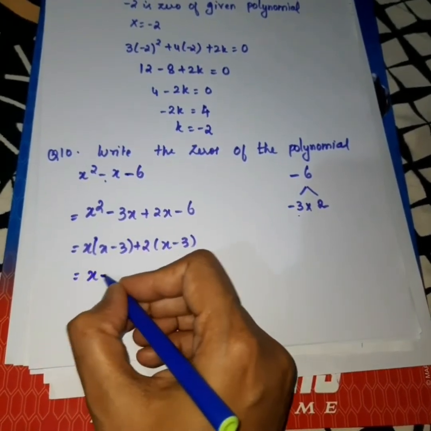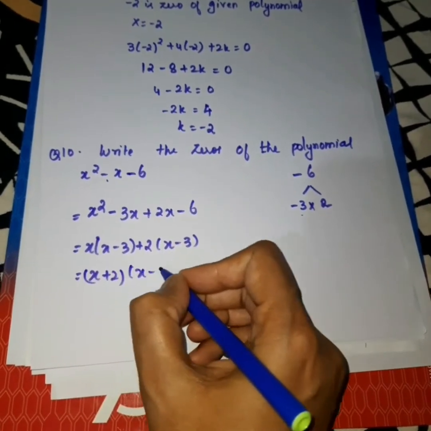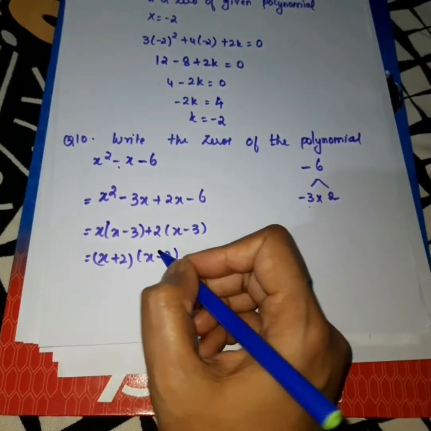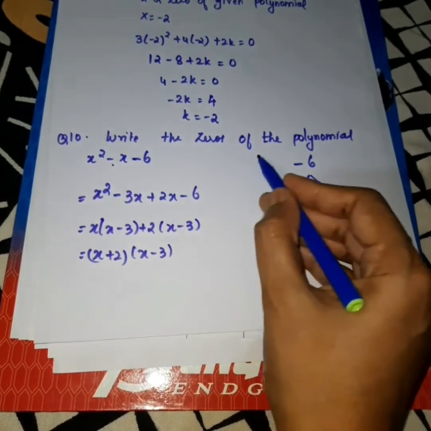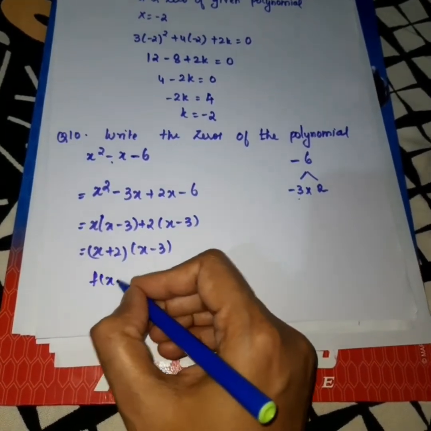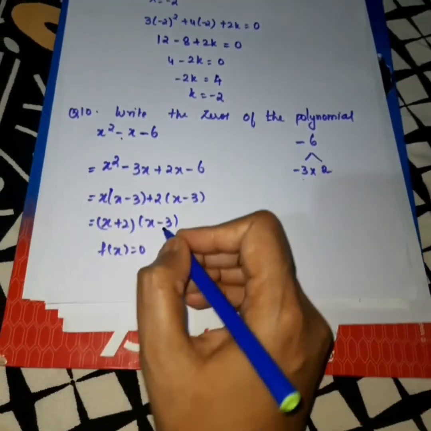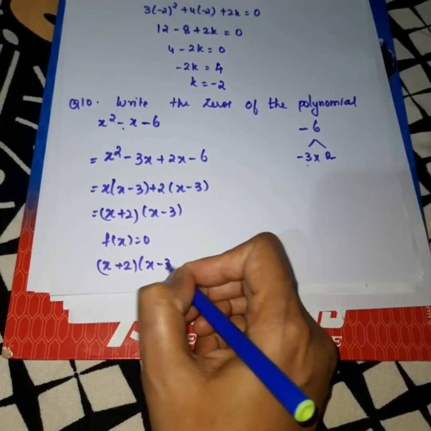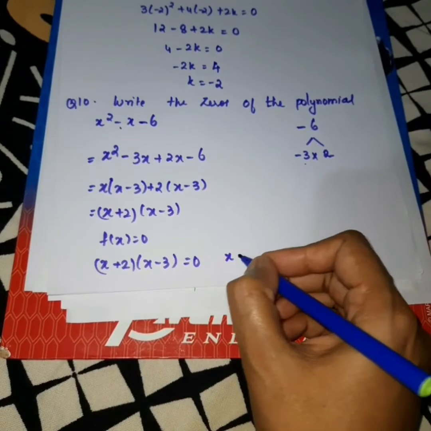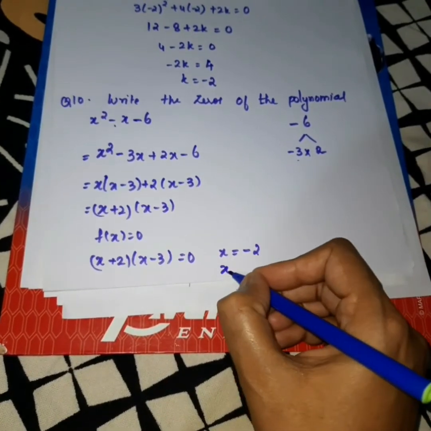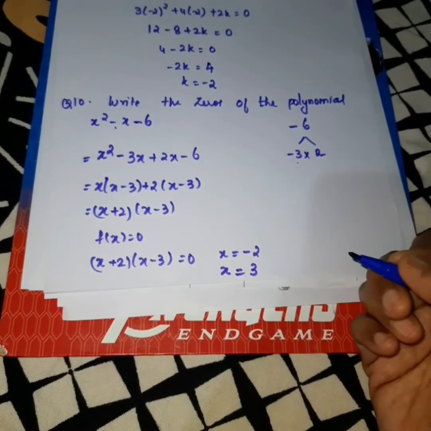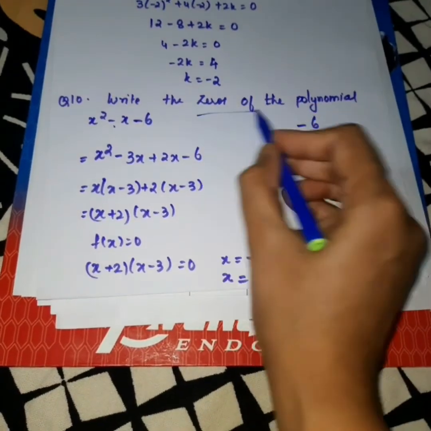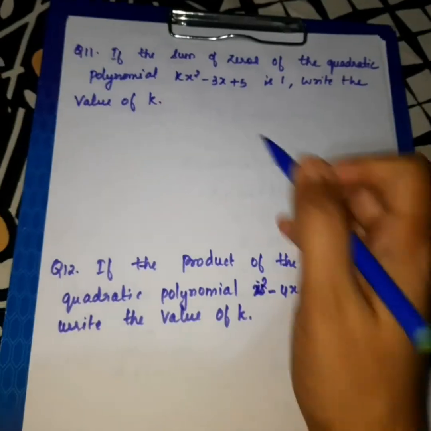So x plus 2, x minus 3 equal to 0. By that, we get the value of x as minus 2 or x equal to 3. So we got the two zeros.